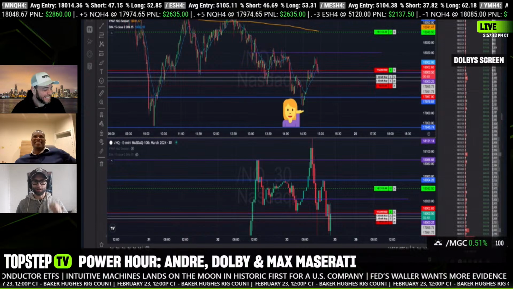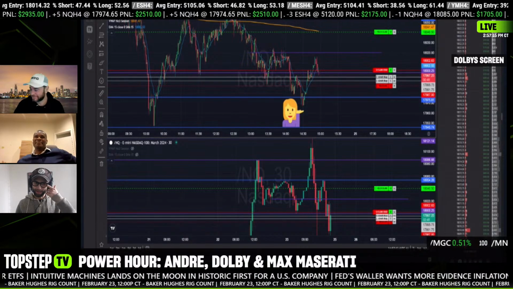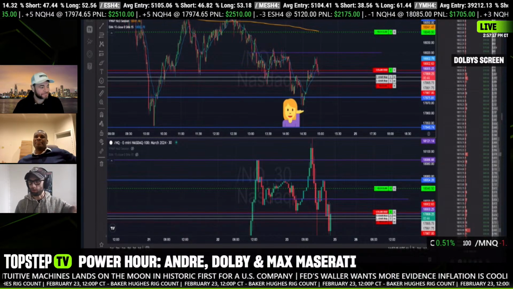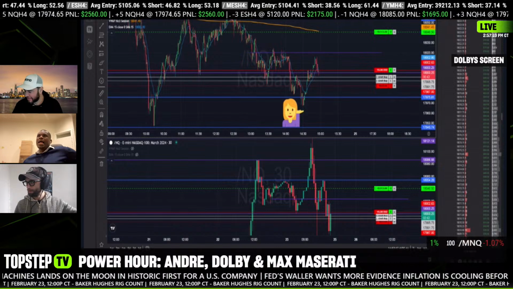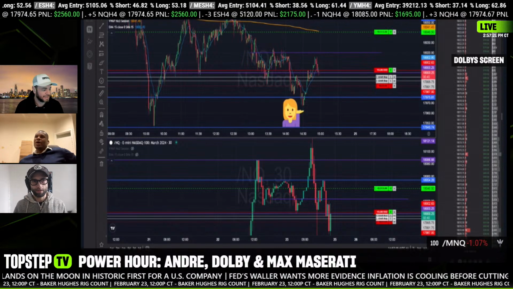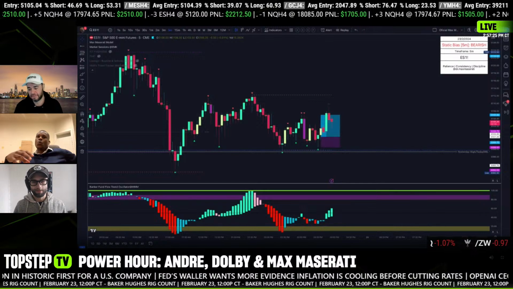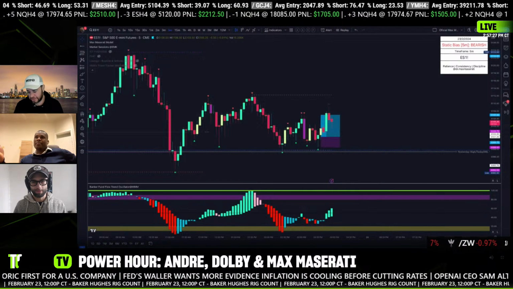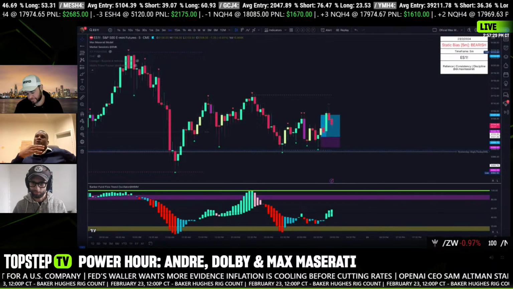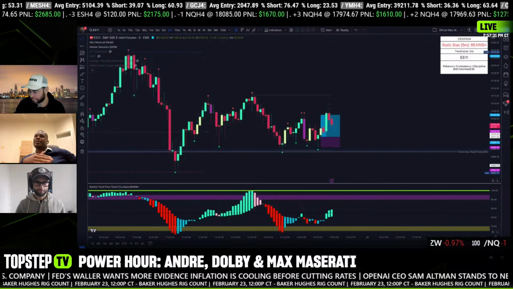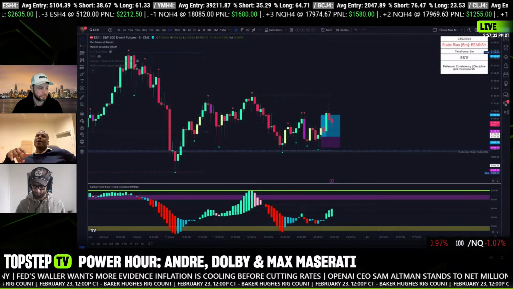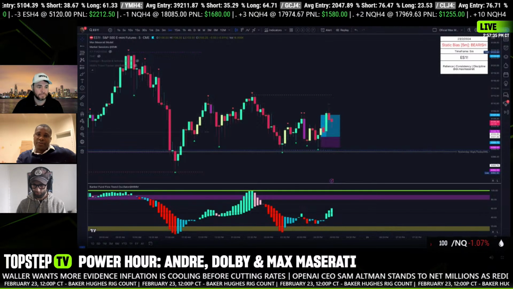So do you include scratch trades as trades that you take, or those don't count? Not really, because what I try to do is take one trade per day. Most of my trades are 1 to 2, and they all reach the 1 to 2. But for example, this is a very small trade.